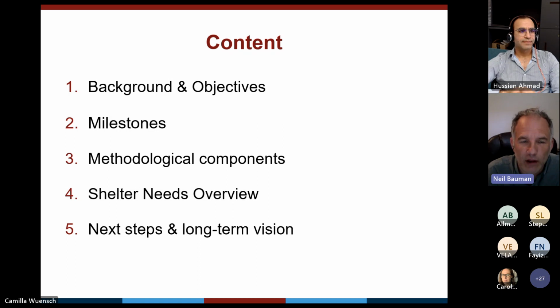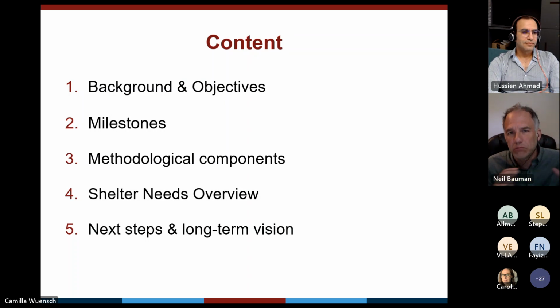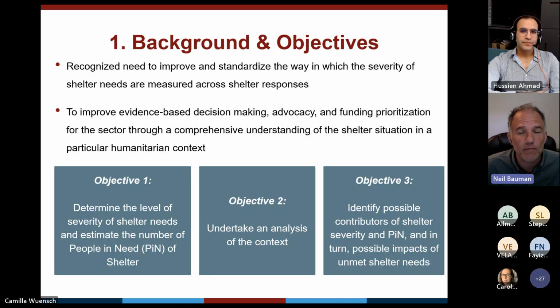Then my colleagues are going to help lead us through how the methodology works, what the pieces of that methodology are, and then we'll look at how that will describe what shelter needs are, and then we'll go through where this is going to go, what the future of this tool is going to look like over time.